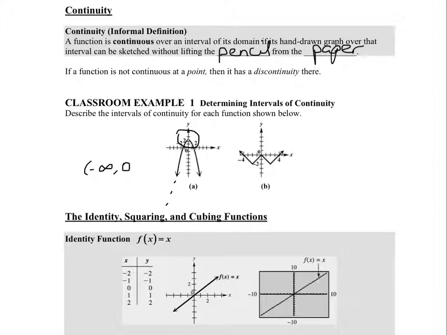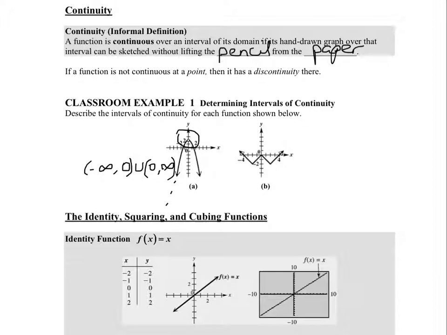Well, again, I hope you recognize because of the open circle, that's why we have a parentheses. We're skipping over the point 0. Since there is another interval that is continuous, we need the union sign. And the second portion of continuity begins at 0 and goes to positive infinity. And again, because 0 has that open circle, make sure you use a parentheses around that interval as well.